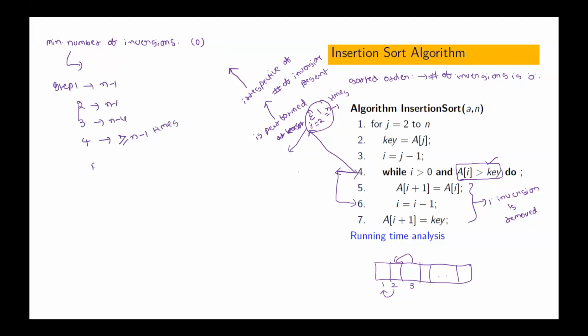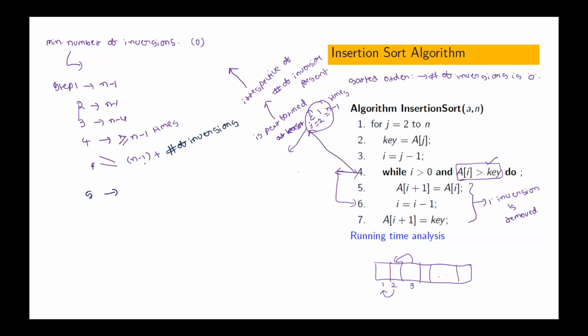Exactly, step 4 is n minus 1 plus the number of inversions. Step 5, how many times is it performed?